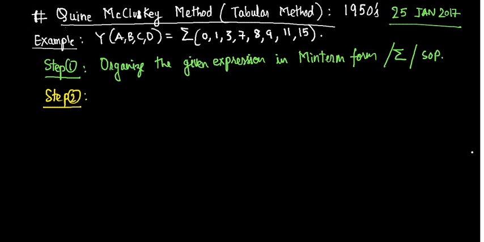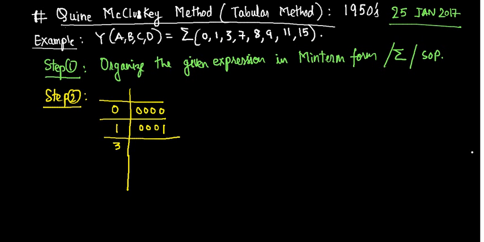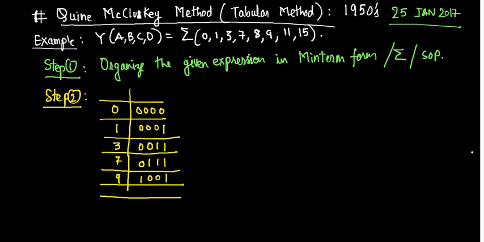Do that. So let's say for 0, this is a 4 variable function, I will write that. 1, what else is there? 3, 7, 9, 11, and 15.